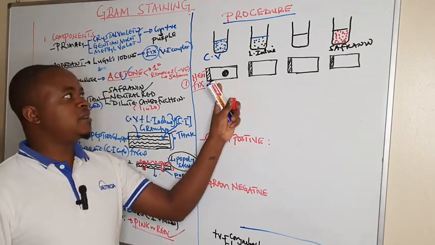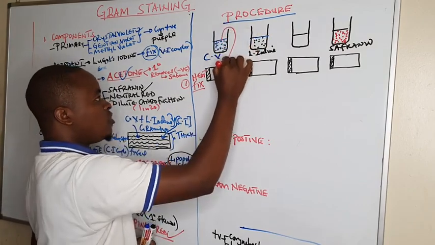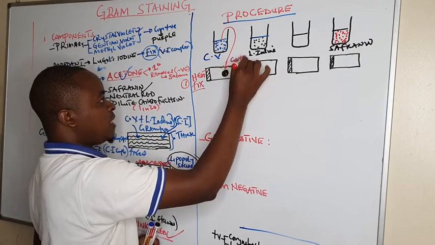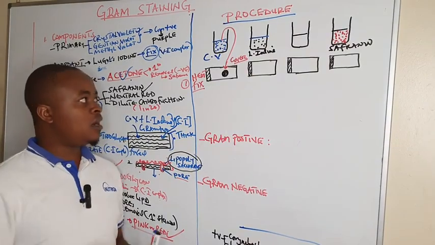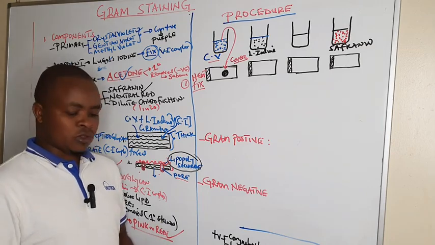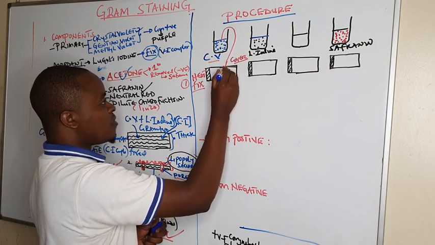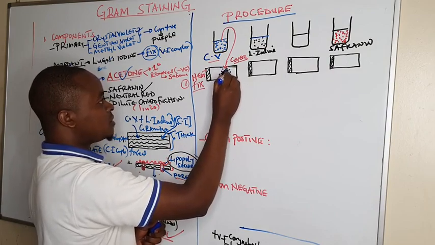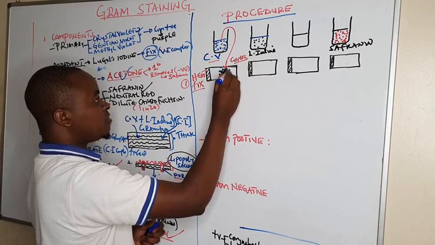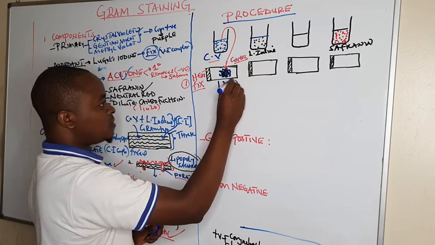After fixing the smear, you cover it. We use the word cover. You don't flood the smear, but you cover the smear with the crystal violet stain. And after covering it with the crystal violet, we leave it to stain for 1 minute.